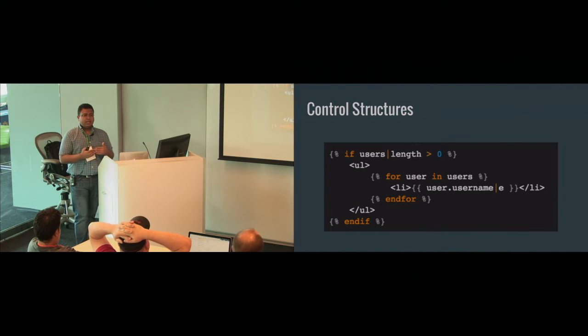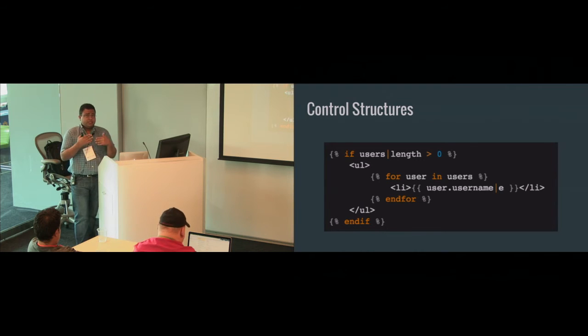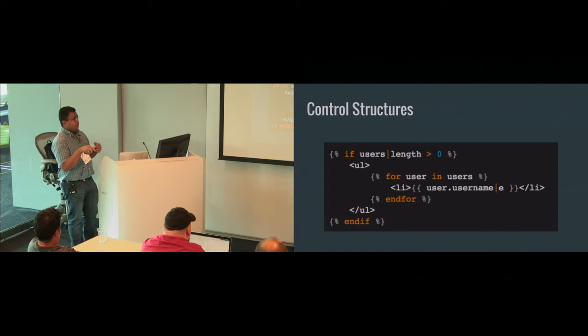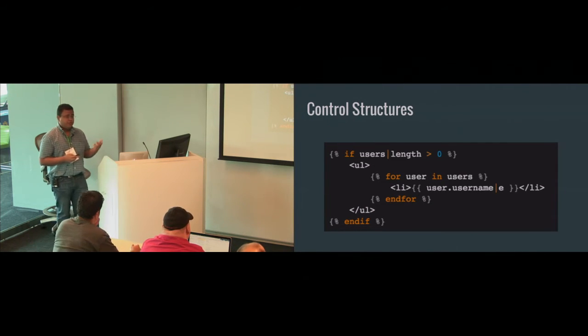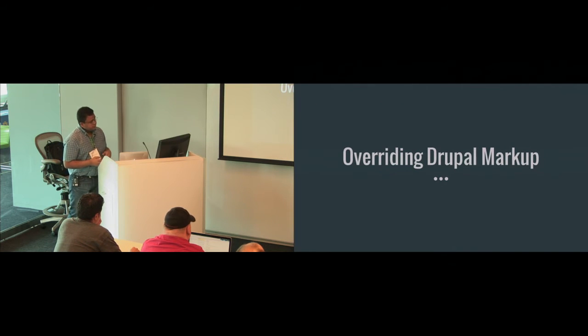So it abstracts that: is it an array, is it a string, is it something else? With Twig, it tries to be as abstract as possible. So it will work the same, and it will produce the result that we would expect, no matter what the variable type is. So that is also a benefit of using Twig.